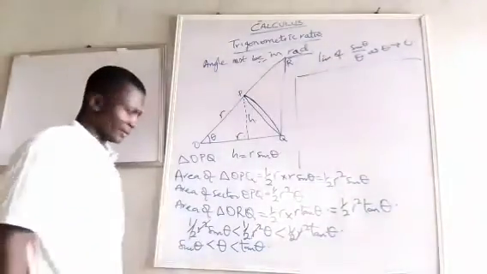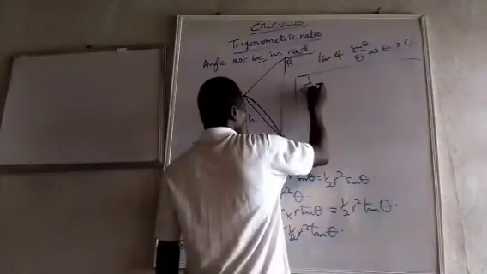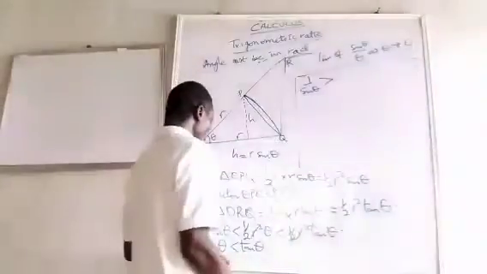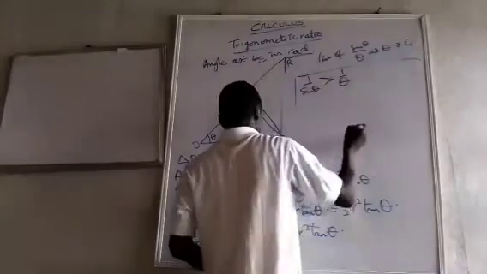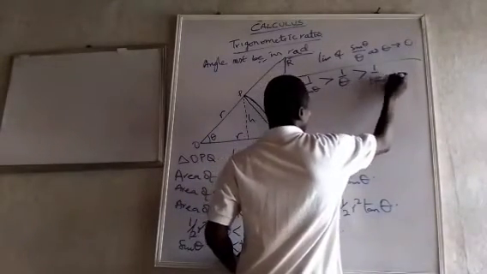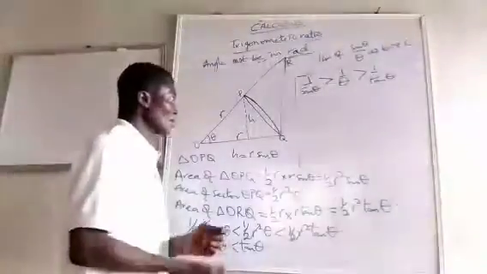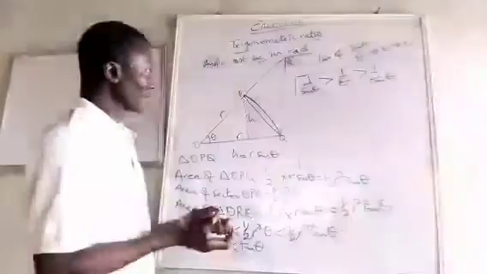Now let's find the reciprocal. So we are going to have 1 over sin theta will now be greater than 1 over theta, which will now be greater than 1 over tan theta. You know in inequalities, when you take the reciprocal, the sign changes. Now with this, let's multiply through by sin theta.